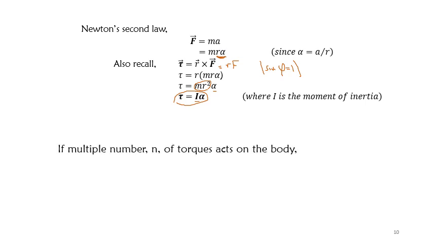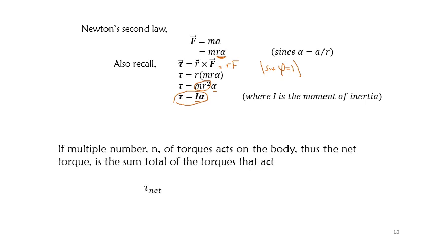Now, in addition, if multiple torques act on the body, maybe due to different forces, then the net torque acting on that body is the summation of the individual torques that act on such a body. So I will just calculate the torque for each. For example, let's assume you have a body, and that body has an axis of rotation. It's rotating on this axis.